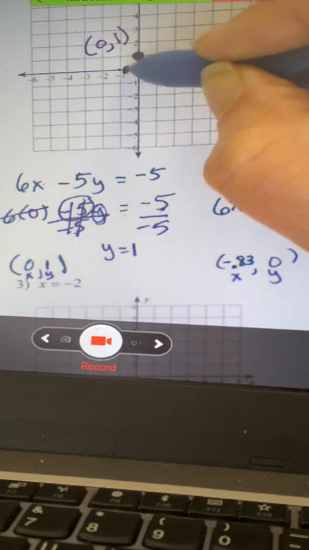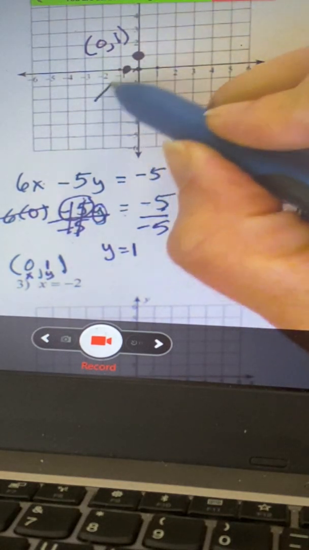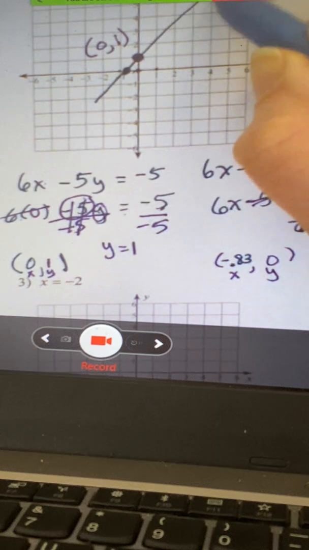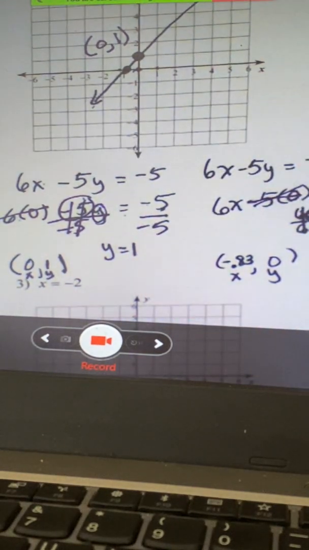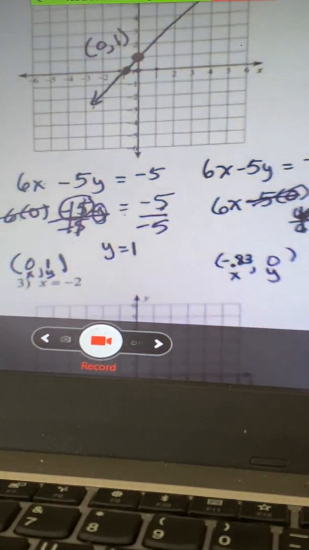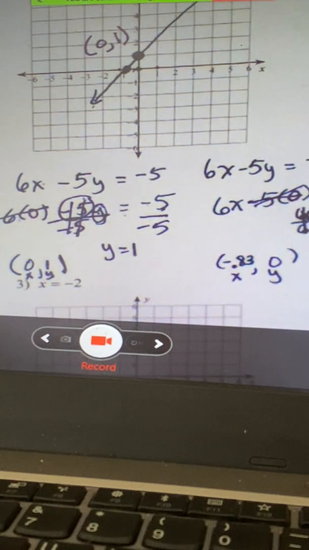So it's right there. And then I'm going to draw a line through those two dots. And that is graphing by standard form. Not hard, just kind of confusing.